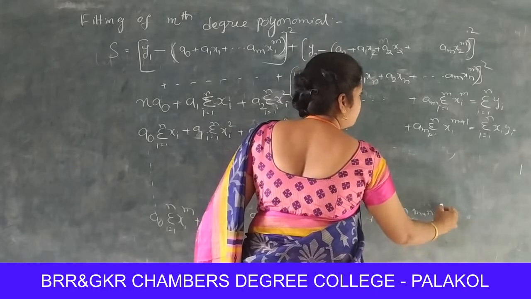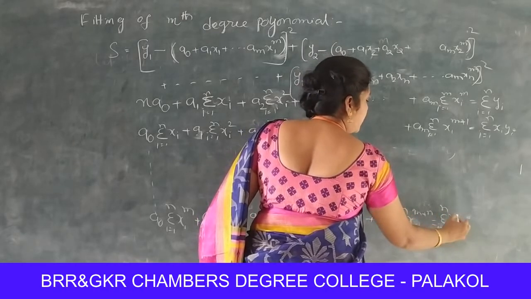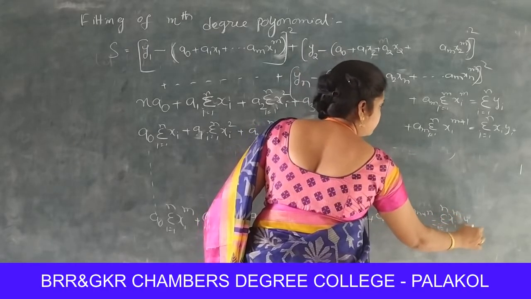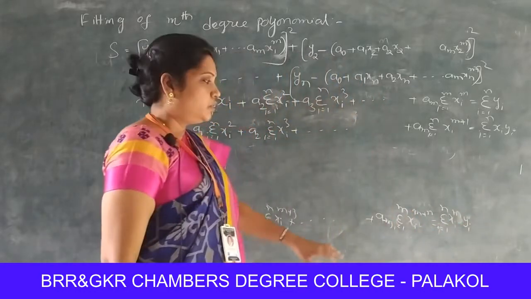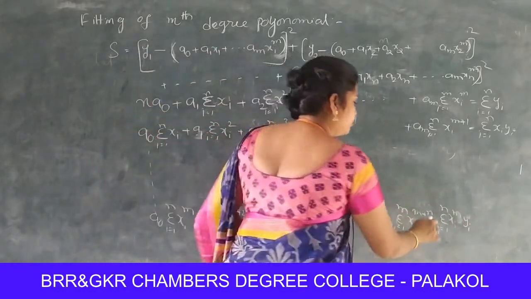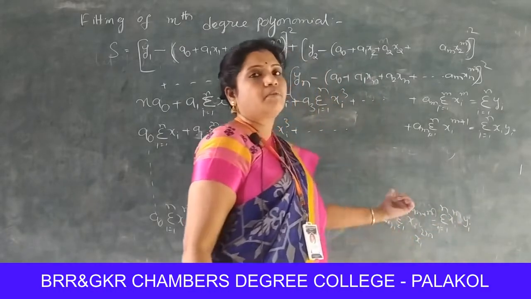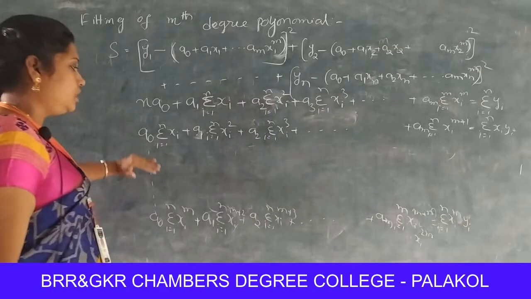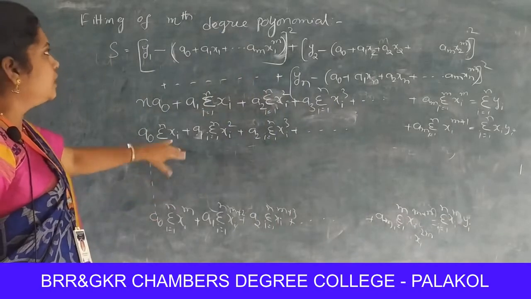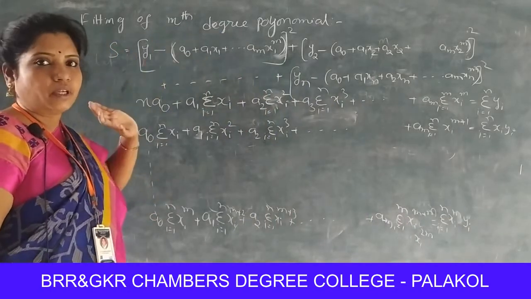That is equal to sigma xi power m yi. So, these are the normal equations for the mth degree polynomial.